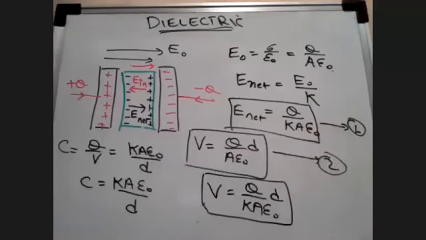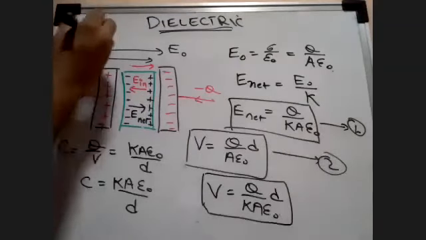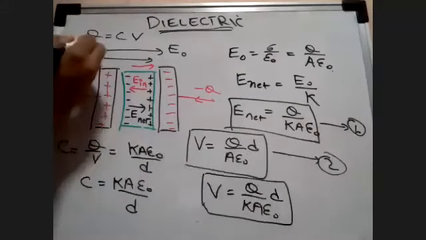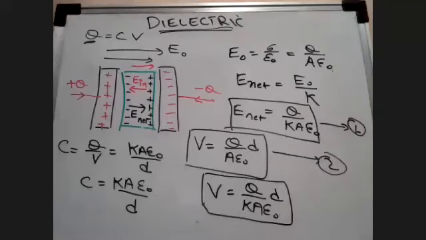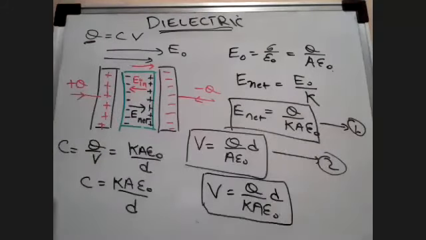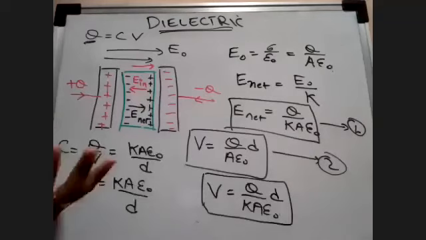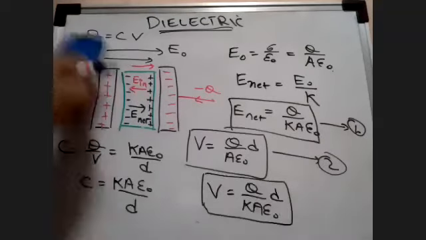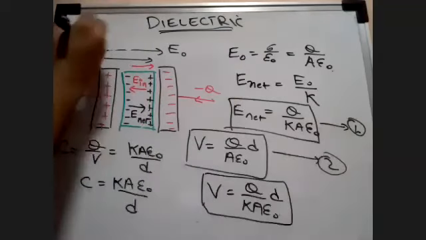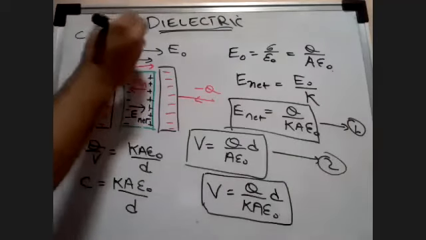Okay. Earlier, I told you that capacitance does not depend on the potential and does not depend upon the charge. It depends on the geometry of the capacitor. And we had found out that capacitance was equal to A epsilon naught by d.